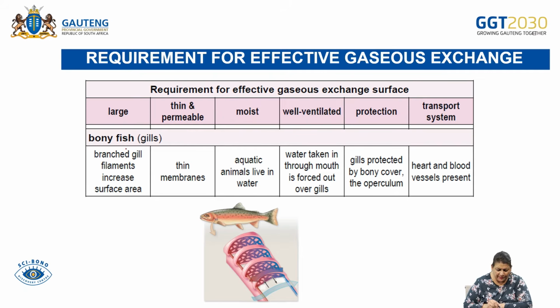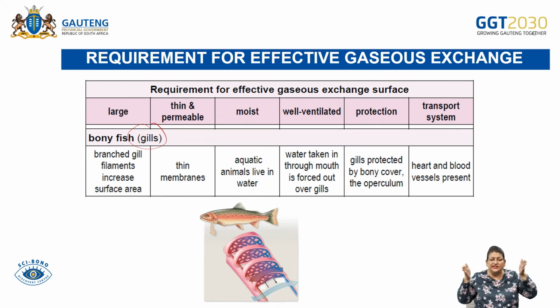You find that bony fish have little gills as their respiratory system. They cannot breathe through their skin because of their scales, and all the cells of the fish are not in direct contact with the water, which has oxygen dissolved in it. So they have special things called gills.